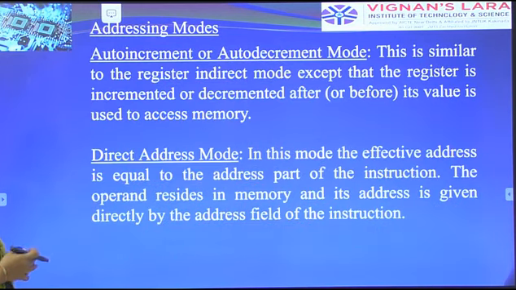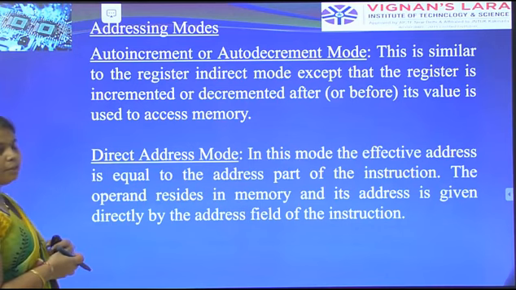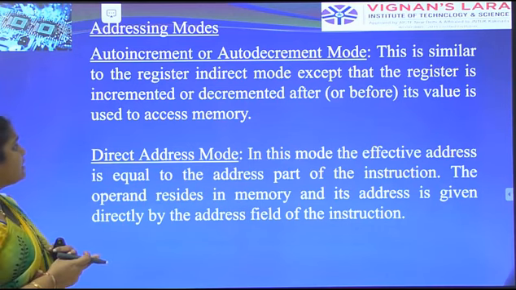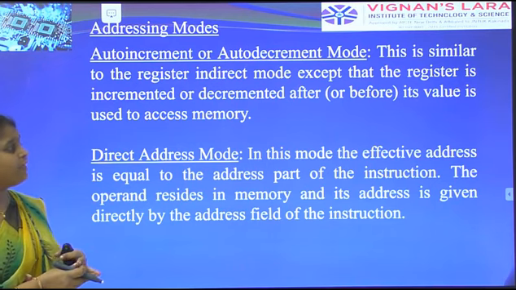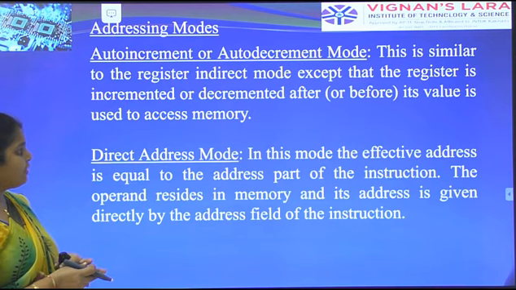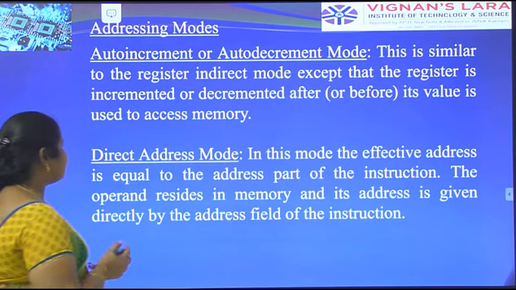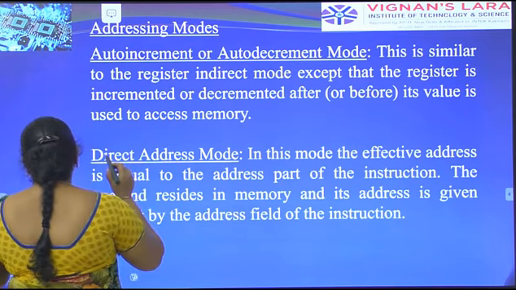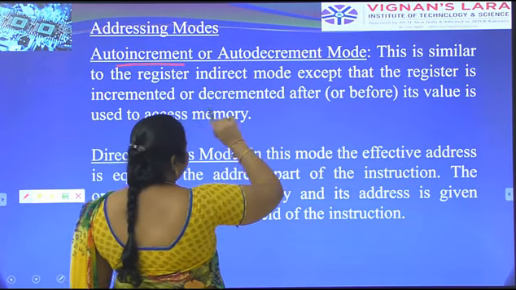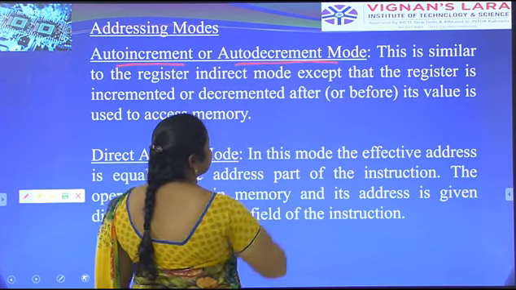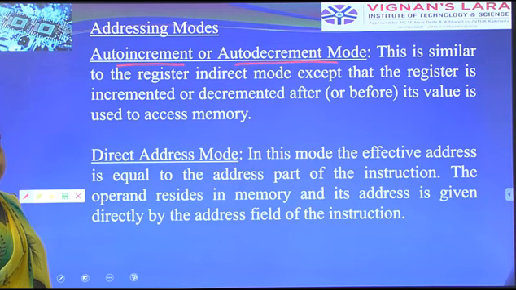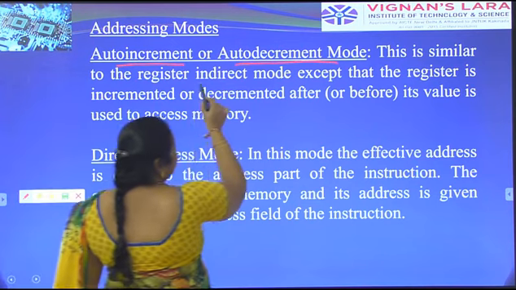Next is auto increment and auto decrement. Auto increment or auto decrement is similar to the indirect mode, except that the register is incremented or decremented after its value is used to access memory. For example, take 400. With auto increment, it becomes 400 plus 1. With auto decrement, it becomes 400 minus 1, which is 399.